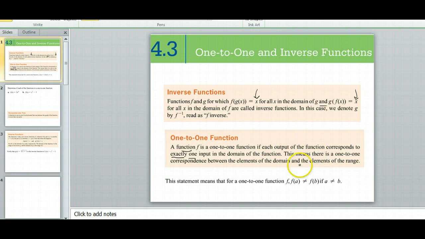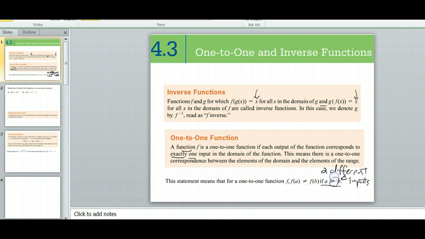So the basic way we read this is, if you give me two different inputs, and we're going to call them A and B, just to call them something, this means two different inputs.